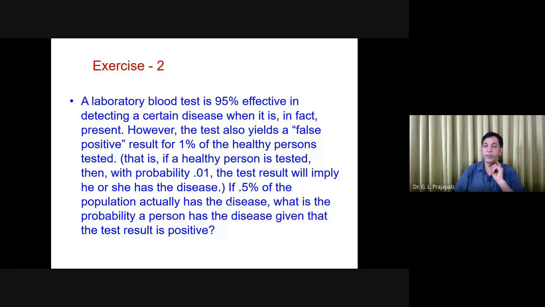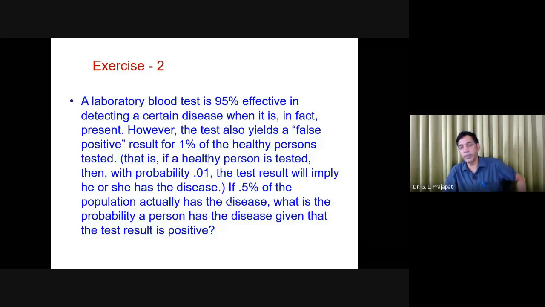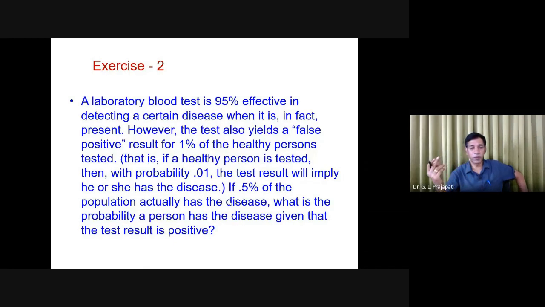False positive means a healthy person is tested, and your result says positive. Actually the person is not suffering from any disease, but your test result is positive. So that's why this is the false positive, and this false positive result is 1%.